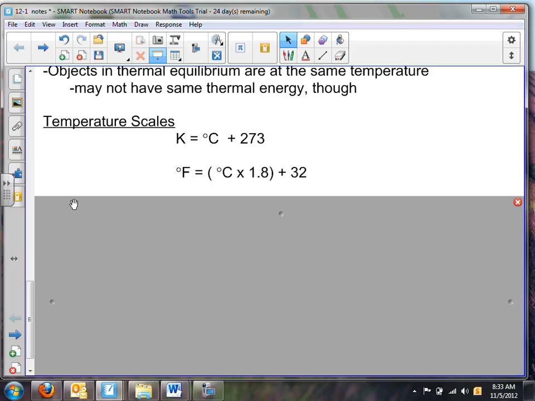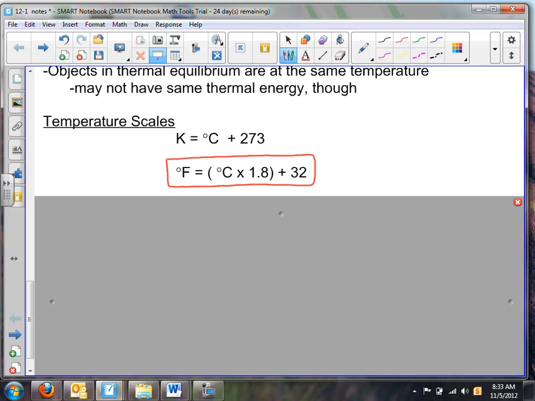That would give you Fahrenheit. So you should be able to convert from any temperature scale. We'll do a couple examples here in a second.